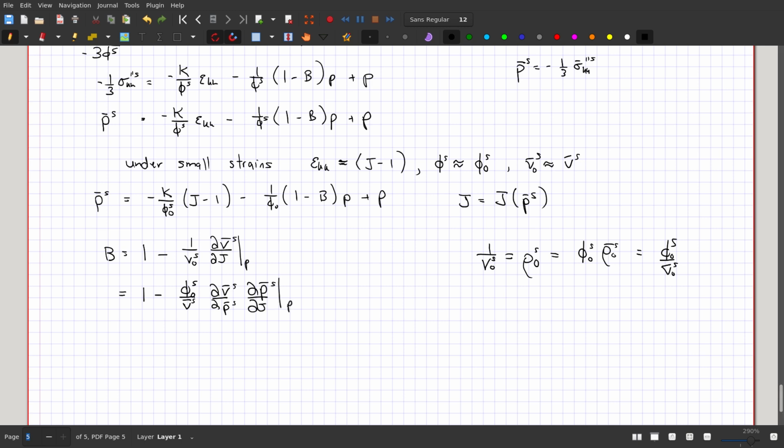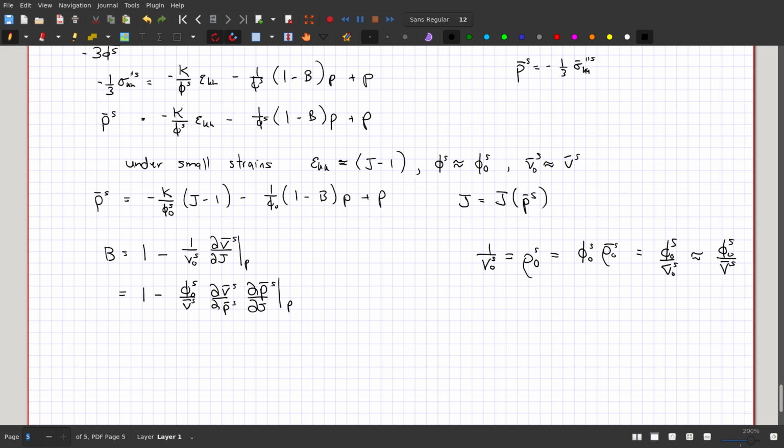Okay, so all I did there was, remember, this is under small deformation, those two things are approximately equal.